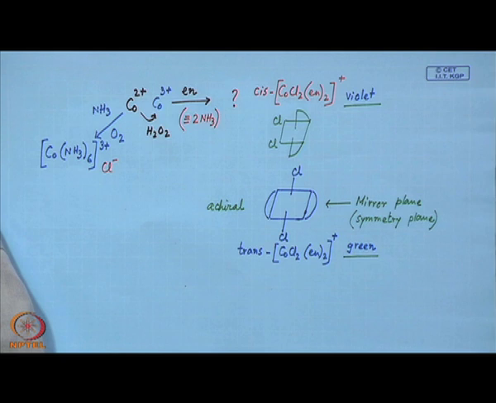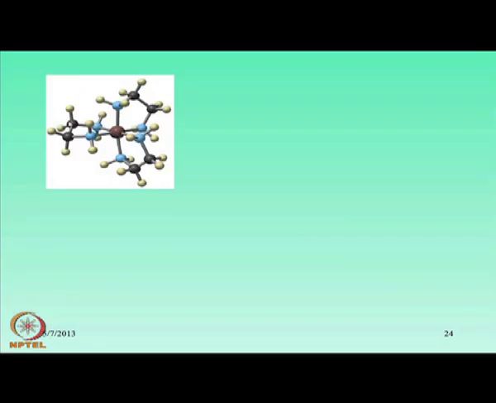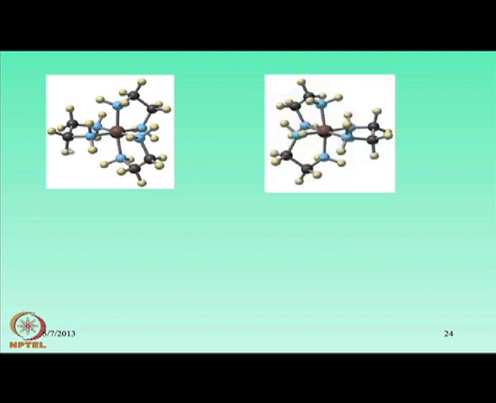Next, what we will see is a molecule like this, where three ethylene diamine groups are attached to the central metal ion, and this is the other form, that means the corresponding mirror image of this.